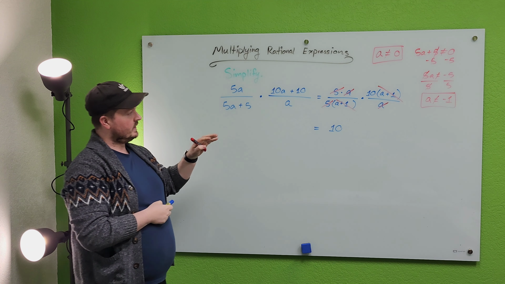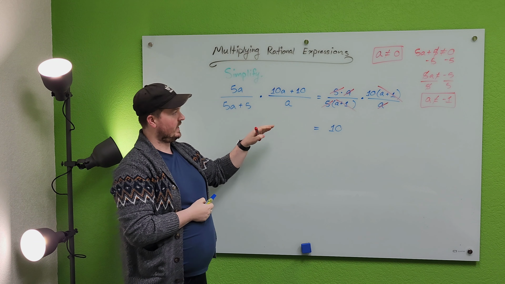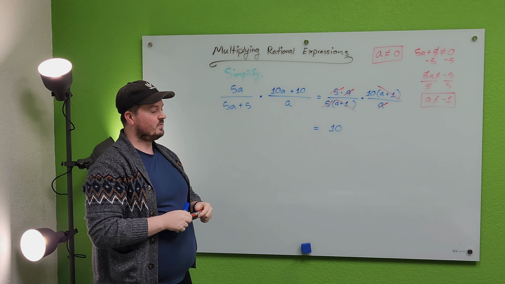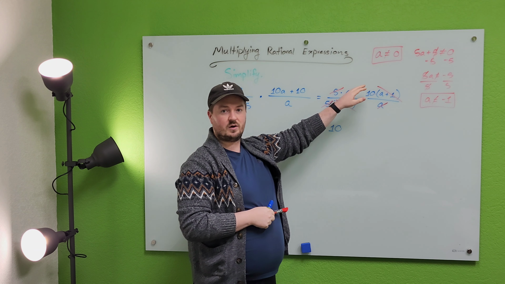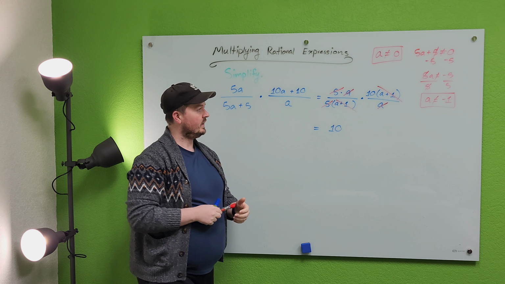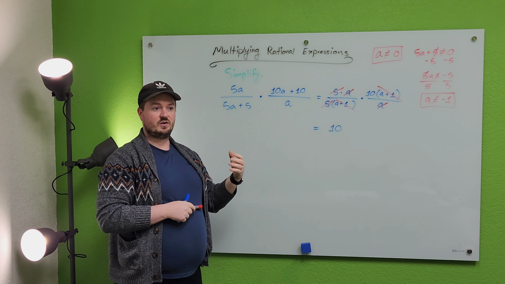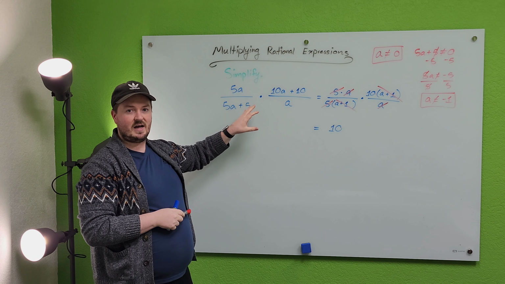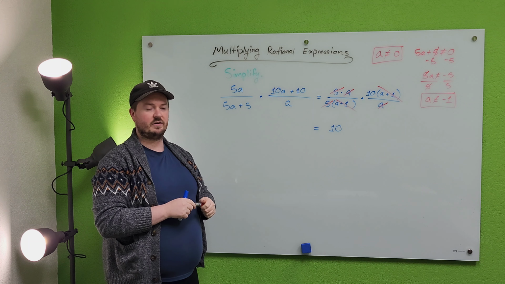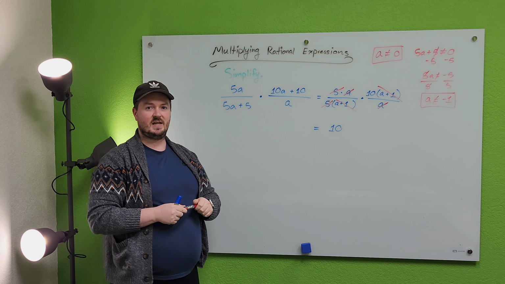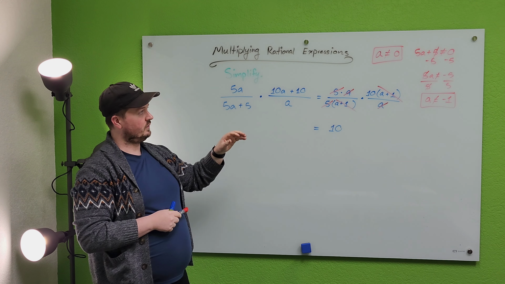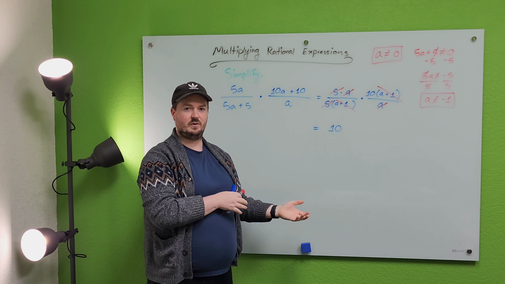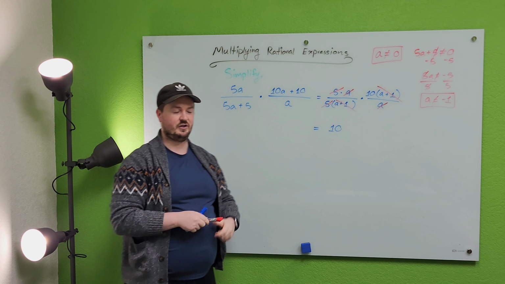Again, in this case, it may not seem necessary to find out what the domain is. We haven't explicitly stated the domain, but we did the minimum work by figuring out which values we're not allowed to plug in for the variable. That's a good habit to be in, because when you're solving rational expressions for particular values, like what makes this equal 5 or what makes this whole thing equal 100, the most common mistake people make is forgetting to find restricted values, and when you get your final answers, you end up overlooking extraneous solutions.